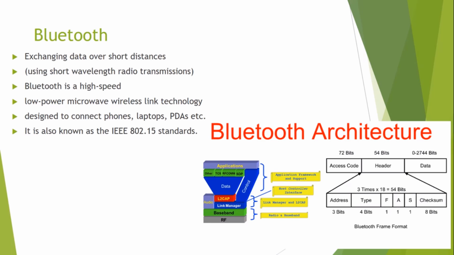Bluetooth divides the access code into 72 bits, the header into 54 bits, and the data from 0 to 2744 bits. Like that we can identify the Bluetooth architecture, its usage and speed through this slide.